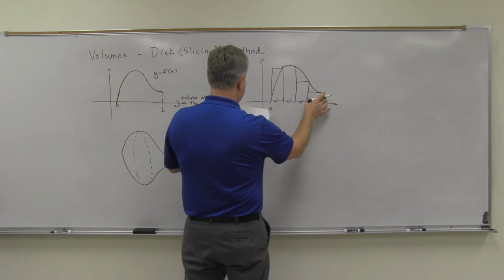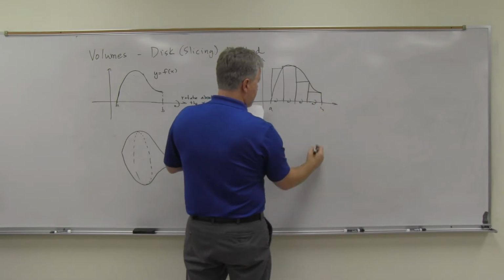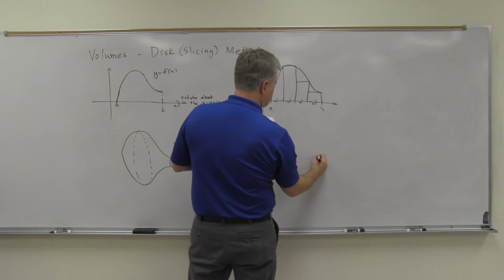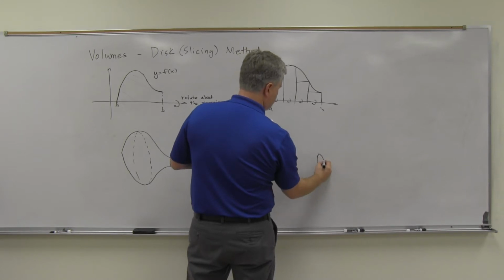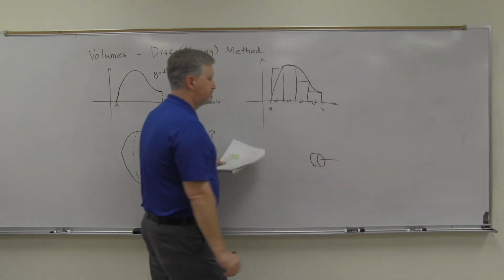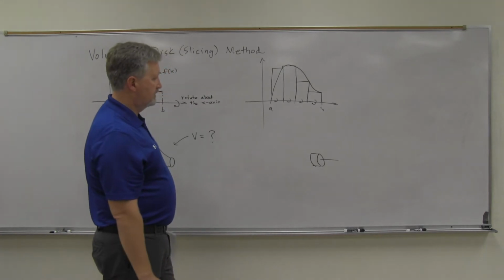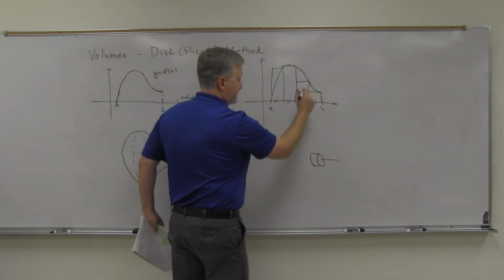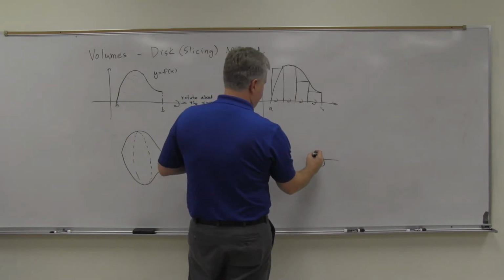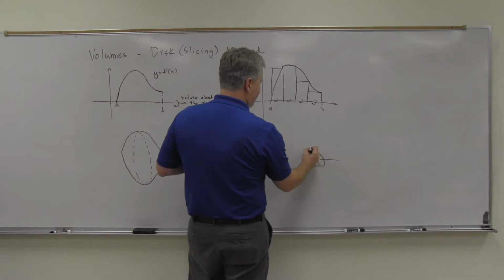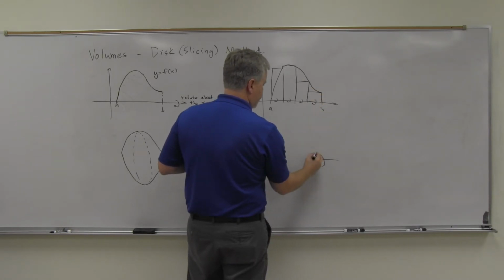And same thing for all these. Let me draw the smaller one here first. So the smaller one will be a disc kind of like this. And then this one will be a little bit bigger disc. Helps to have a drawing to look at to help me draw it anyway.